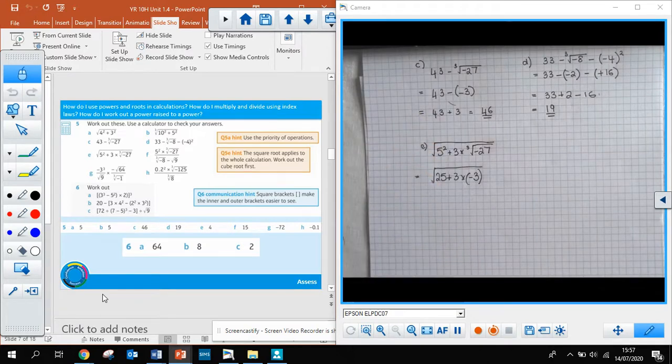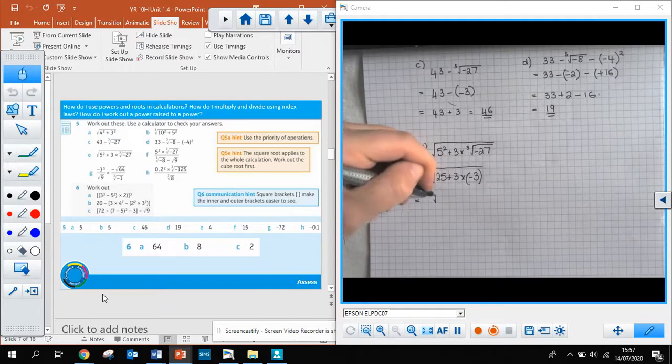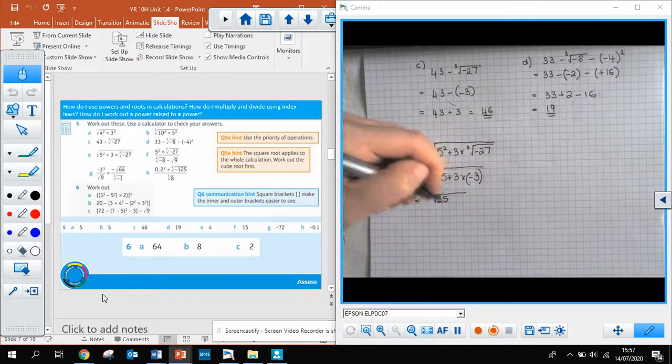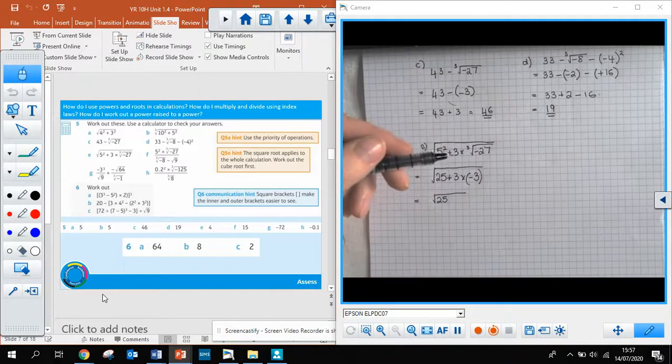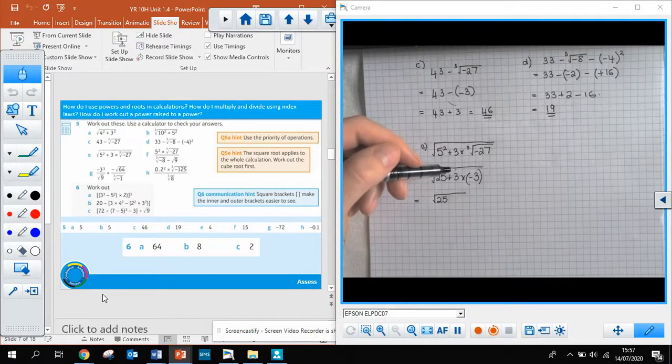Now I need to think about my order of operations. What do I do first? Addition or multiplication? Well, I do my multiplication first. So my 25 is going to stay there. Then I've got positive 3 multiplied by negative 3. So positive multiplied by a negative is going to give me a negative. 3 times 3 is 9.